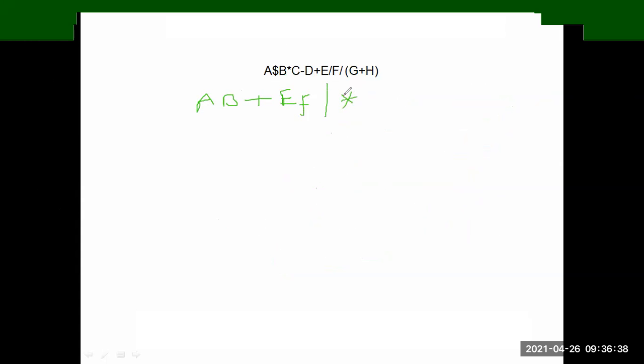Just push the elements into the stack from this direction only, from left to right. Then you do this postfix to infix expression. Convert this postfix expression to infix expression.